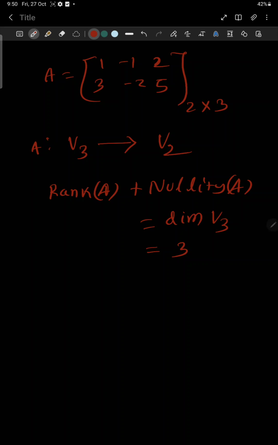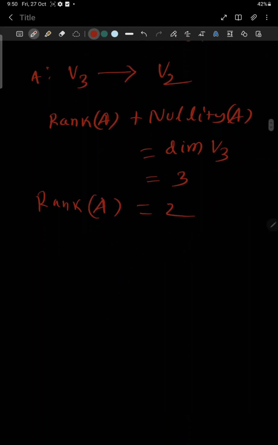But from this given matrix, it is clear that the two vectors, the rows 1 minus 1 2 and 3 minus 2 5, cannot be generated by a scalar multiple of the other. So these two vectors are linearly independent. So the rank of A equals 2.